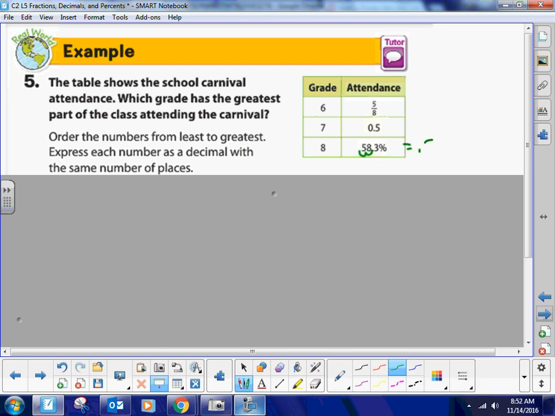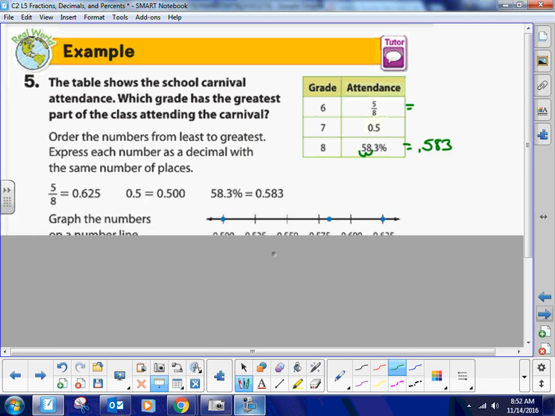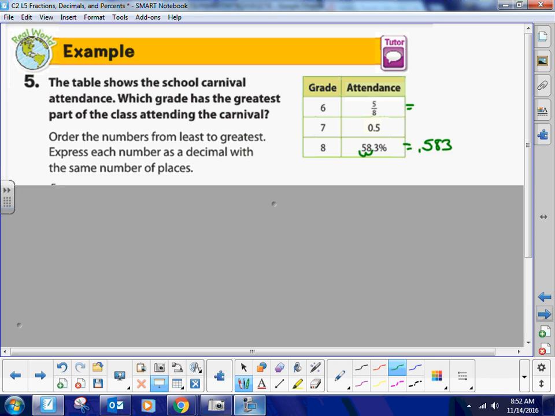This is 583 thousandths. And this one is 5/8, I'm sorry, my goodness, am I screwing that up today? Okay, go ahead and do the division right here. Let me move that up because I don't want to put that there.